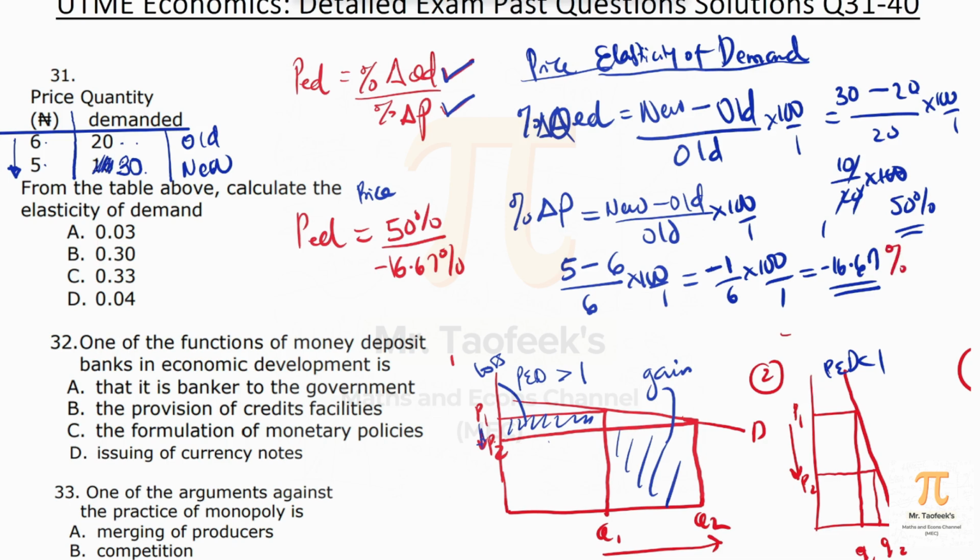So just put that on your calculator. 50 divided by minus 16.67, and that gives you 2.99. Let's just say that 2.99 is approximately 3. So it will be minus 3.